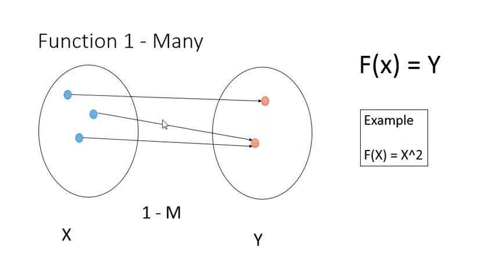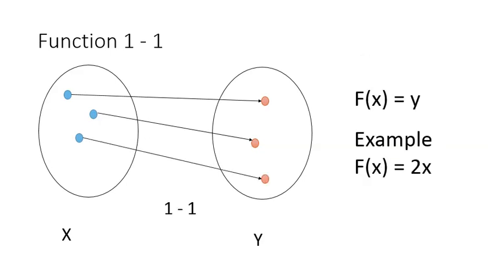Another way of looking at this is that it's not uniquely decodable. So if I want to reverse the operation, if I say to you, right, my answer is 1 and the function that I used was x squared, you can't tell me with certainty what the single answer would be, because the input could have either been a +1 or it could have been a -1.